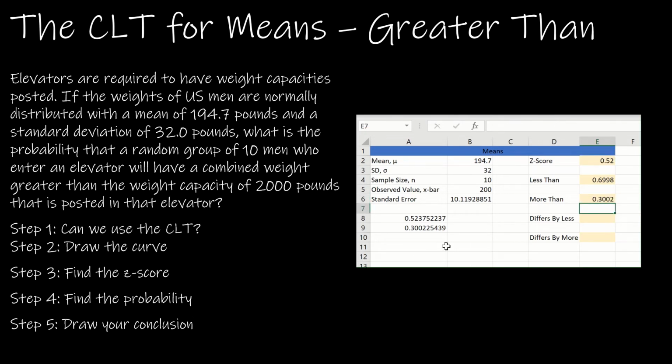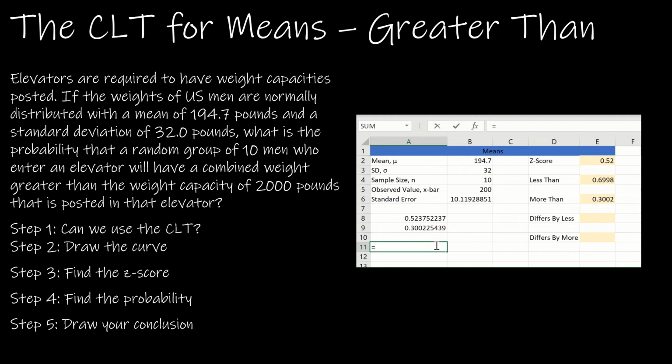Now, before we continue and look at differs by more and differs by less, I do want to point out that other way that we talked about how to find the probability where we didn't have to find the z-score and why sometimes that throws students off.